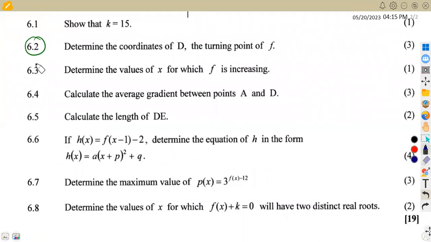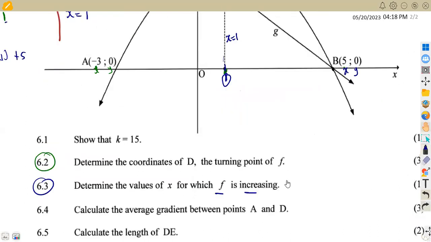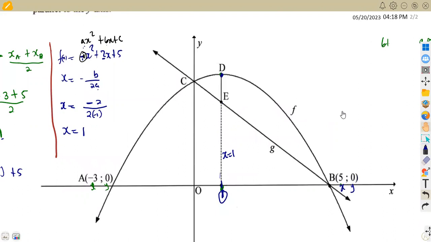We are given on 6.3 to determine the values of x where f is increasing. Where are we having our f increasing from? If you check from your graph here, we can see that our f is increasing from this part. Our x is actually increasing from any value of x that you're going to have, as long as these values are at this side.